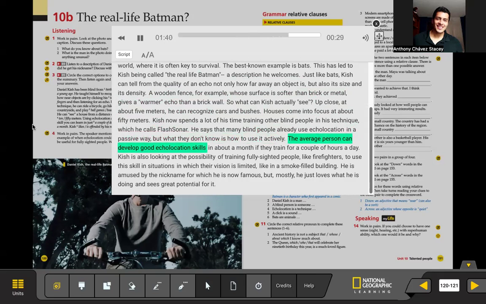The average person can develop good echolocation skills in about a month if they train for a couple of hours a day. Kish is also looking at the possibility of training fully sighted people, like firefighters, to use this skill in situations in which their vision is limited, like in a smoke-filled building. He is amused by the nickname for which he is now famous, but, mostly, he just loves what he is doing and sees great potential for it.